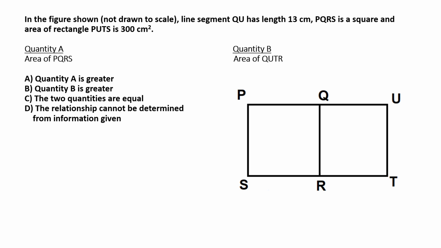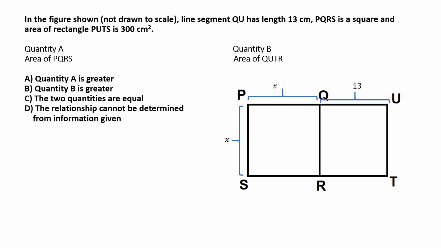We'll assume that the length of segment PQ is X, and since PQRS is a square, the adjacent sides PQ and PS should be equal. So let's call each of those lengths X. QU is given as 13.